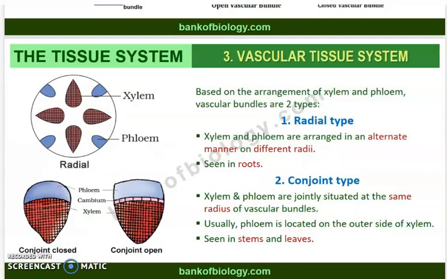So based on the presence or absence of cambium, it is of two types. One is the open type vascular bundle, the other one is the closed type vascular bundle. Now we are going to learn about the arrangement of xylem and phloem. So based on the arrangement of xylem and phloem, how is the arrangement in a portion, that is in the stem portion or the root portion or the leaf portion?